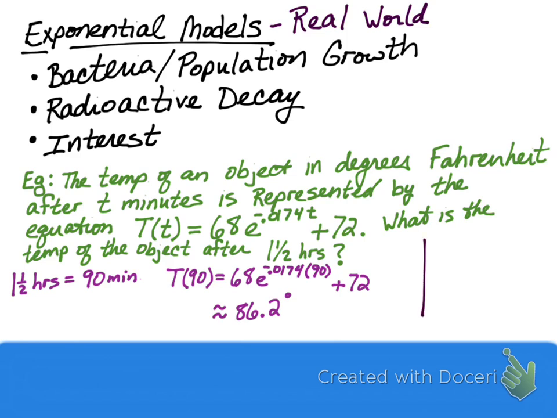In general, if I think about the graph of this function, it has been shifted up 72 degrees. So that is my horizontal asymptote. The exponent, e to a negative power, means that it has been flipped over the y-axis, a horizontal flip, which makes it a decreasing function.